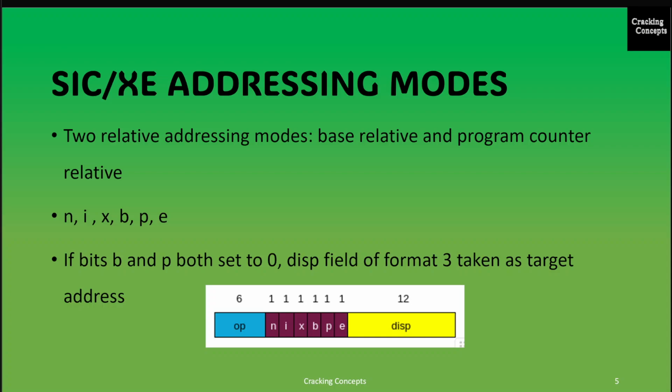Now if it is program counter relative addressing, then this field will be interpreted as a 12-bit signed integer with negative values represented in 2's complement form. Now if the bits B and P are set to 0, then the displacement field of format 3 will be taken as the target address.